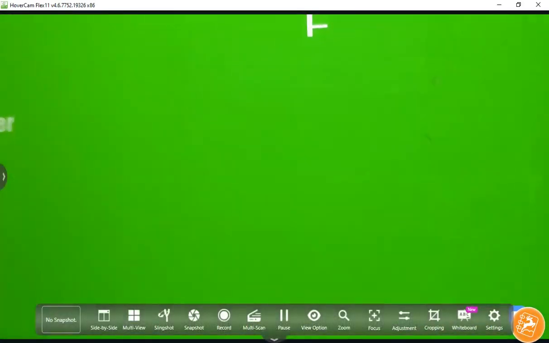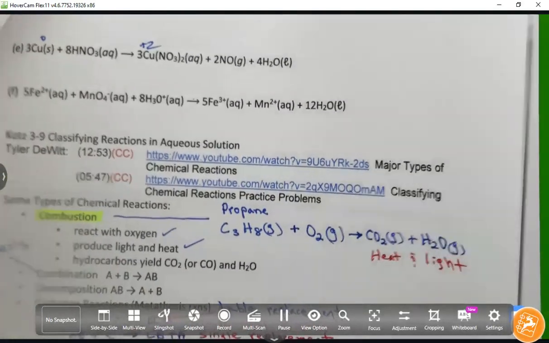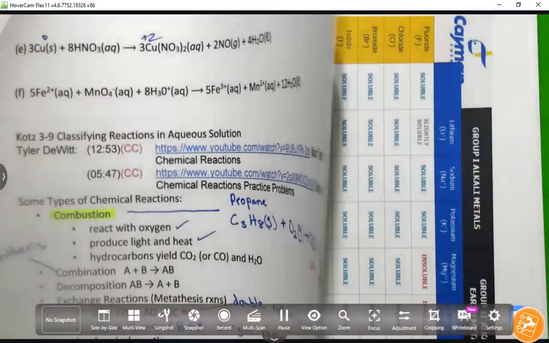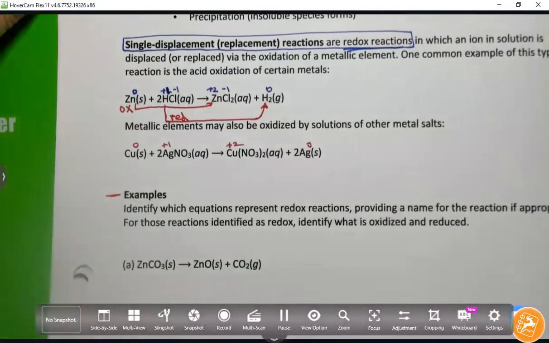Let's see. We're going to be coming back to where we left off on page 14, but let's go to the end again, and let's look at these types of reactions and finish that up and then come back.